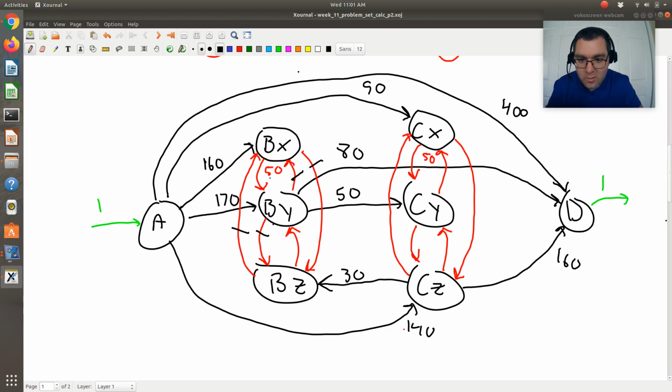In theory, there's only two possible transfers from B to Y or Z to Y. But I'm going to include those other four in there just for completeness sake. And C, I would never transfer to X since it's a terminal destination. I would never transfer to Y since Y is a terminal destination.